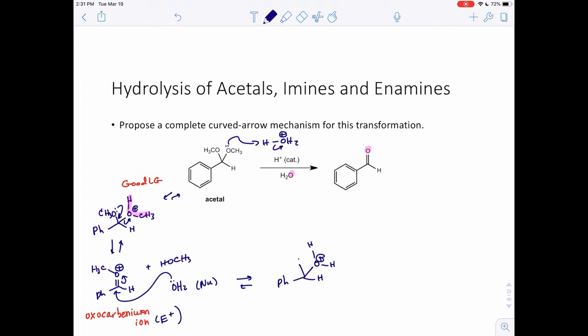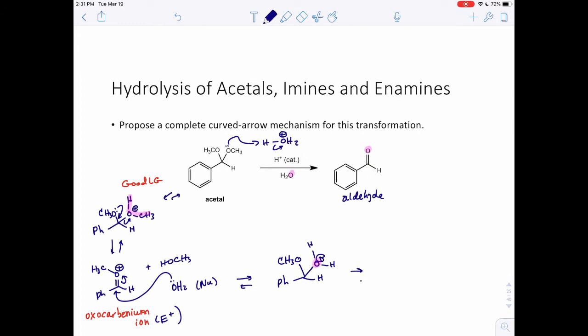If you compare to the acetal formation mechanism, this is the exact reverse. All right, so now we have that oxygen of our aldehyde. Looking at the product, you can see that this methoxy needs to leave. It's going to leave as methanol.